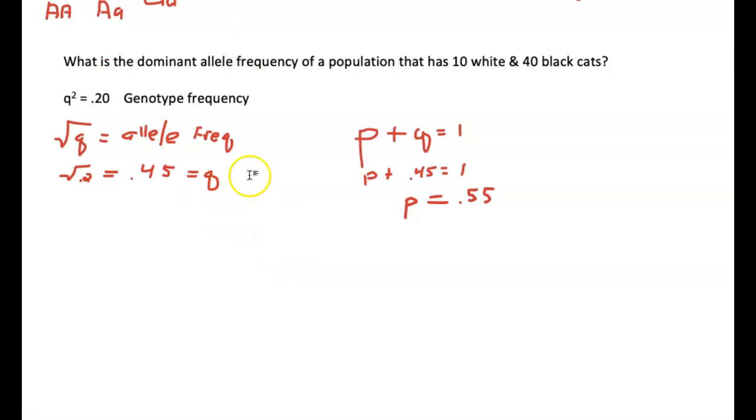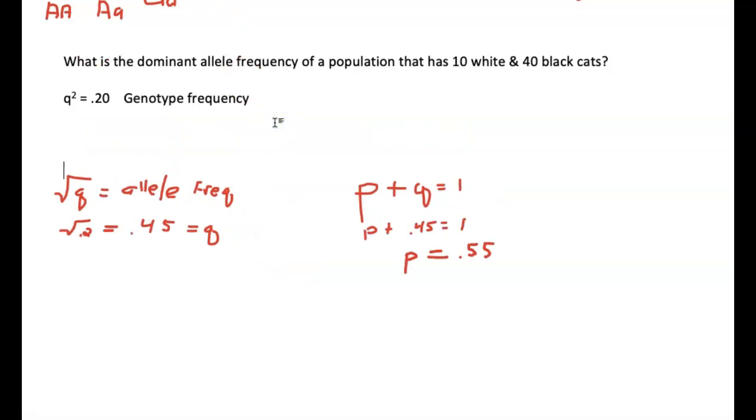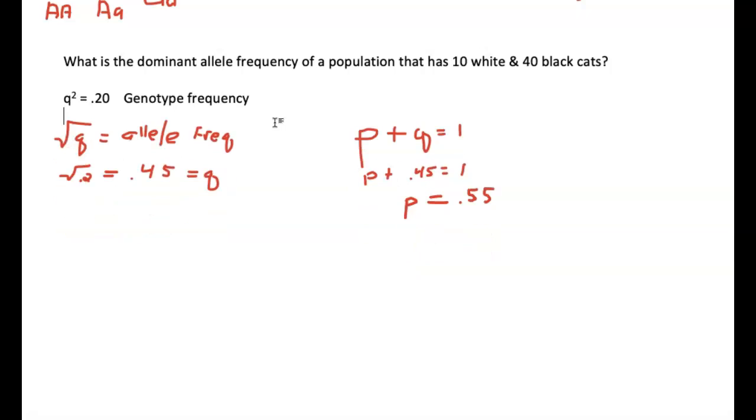So here's a hypothetical. In 2020, you measured your population: 0.45 equals q, 0.55 equals p.